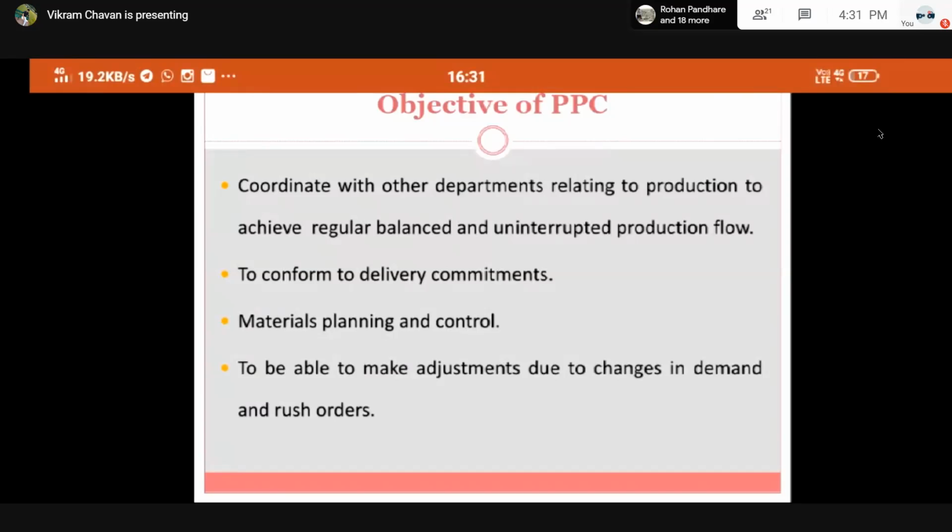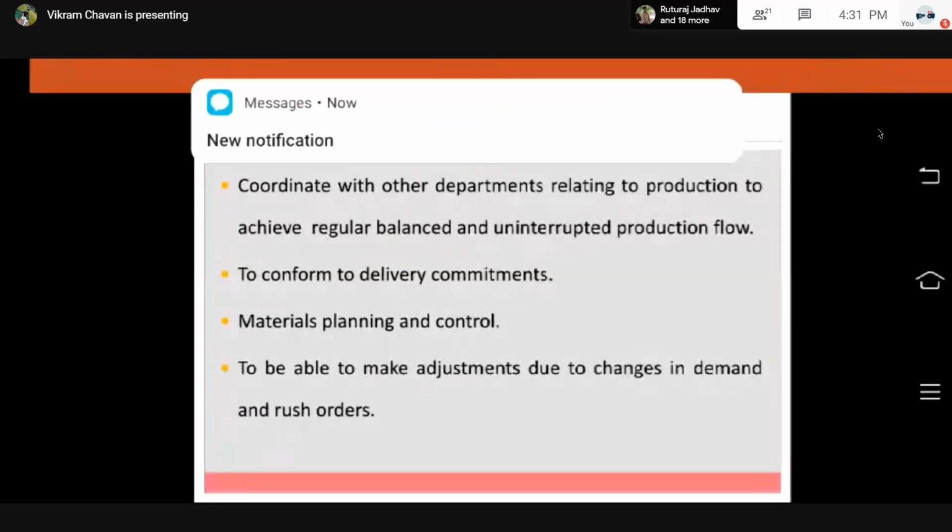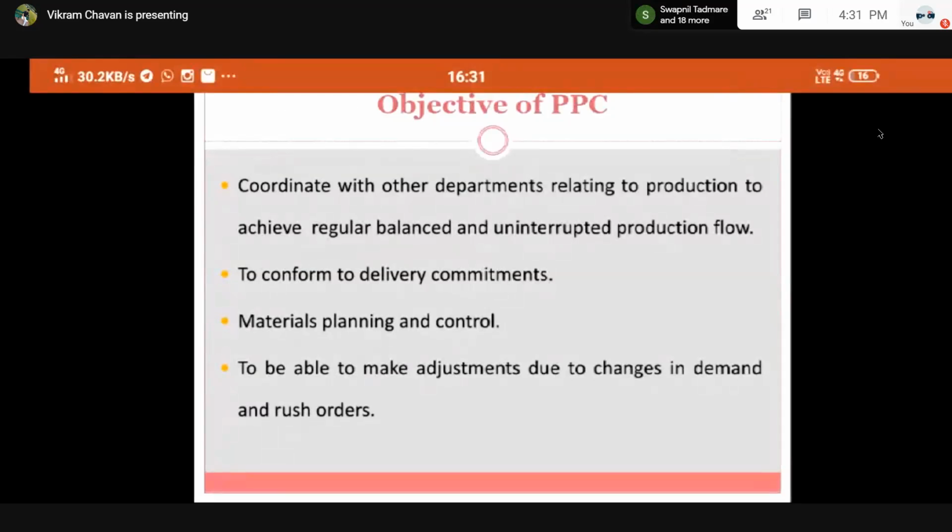For that purpose, the planning should be in such a manner that it reduces the material requirement, or the process should be selected in such a manner that material consumption is less, so that your output will increase, or we can say your input consumption will be less. So here material planning is most important, and the controlling over the material planning should also be there.